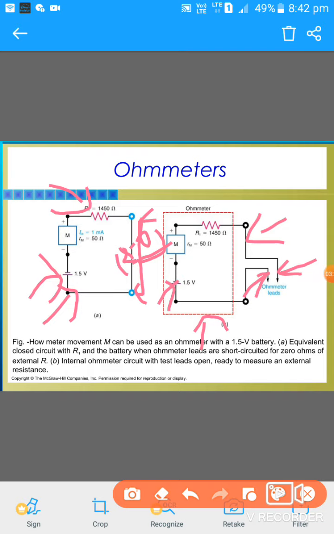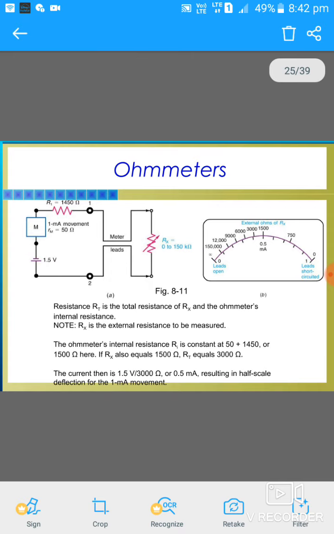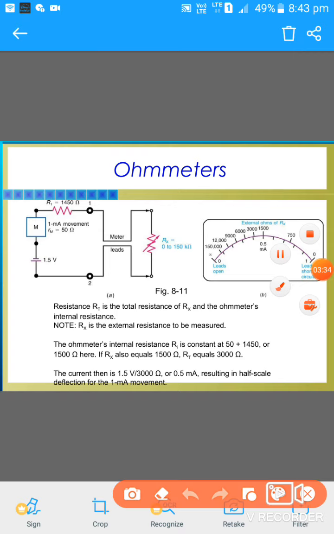Then this is the next circuit diagram of the ohm meter. Here resistance RT is the total resistance, that means the total of Rex and the ohm meter's internal resistance.